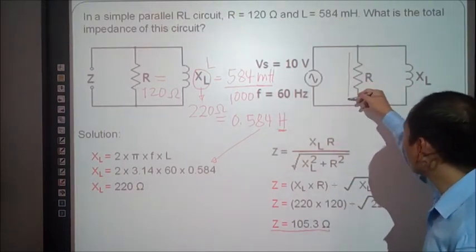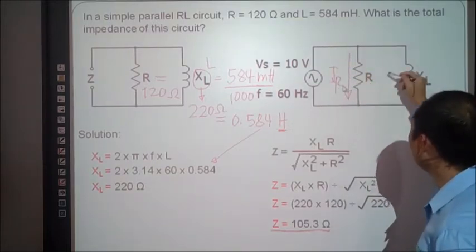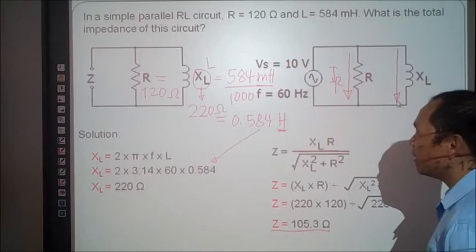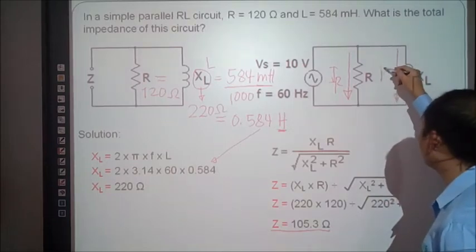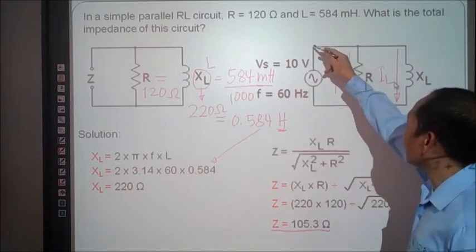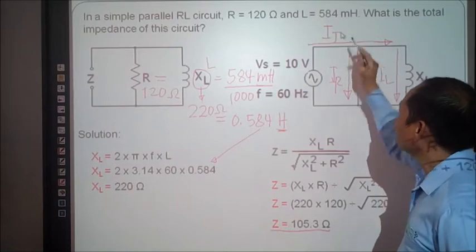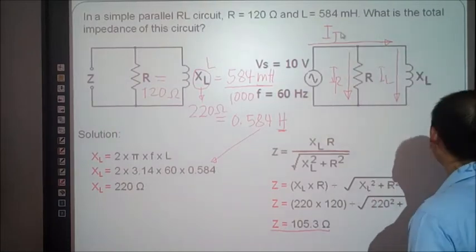Then let's solve again the current. The current that flows here in R is called IR. The current that flows here in the inductor is called IL. And also the total current that flows here is called IT, total current.